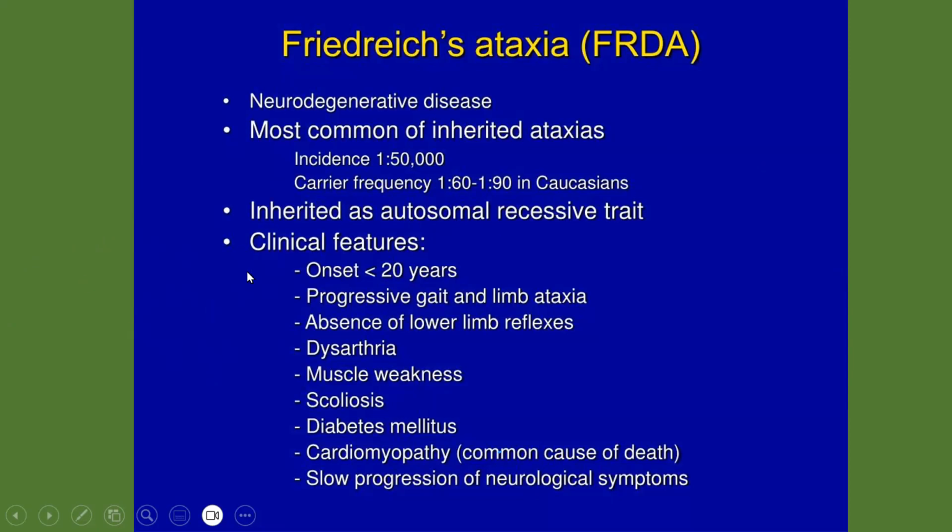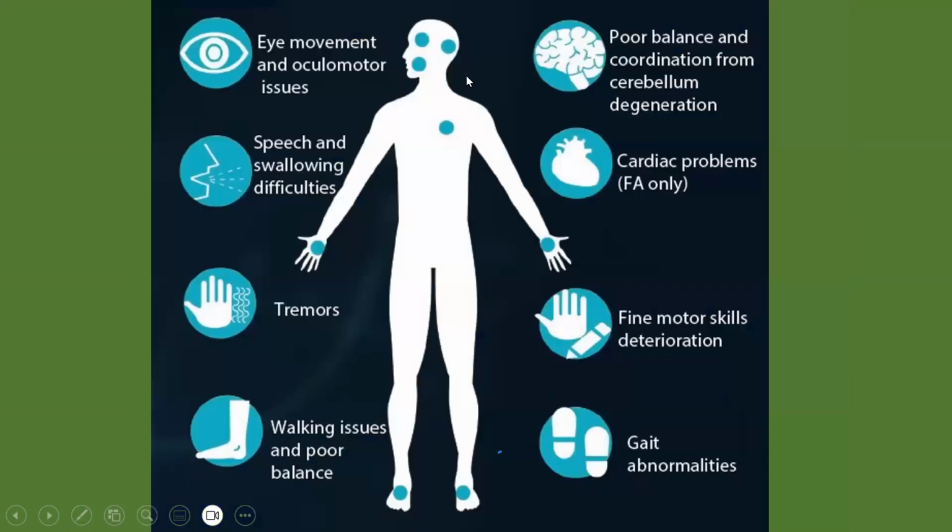It's inherited as autosomal recessive, and the clinical features are very similar to what I recently mentioned. And if you look at this slide, it gives you the various types of symptomatology that a patient with Friedreich's ataxia presents with.